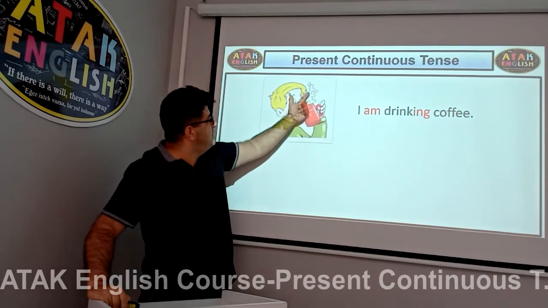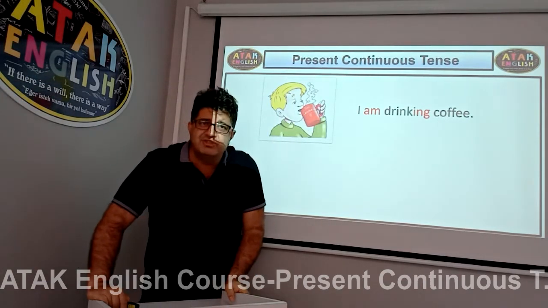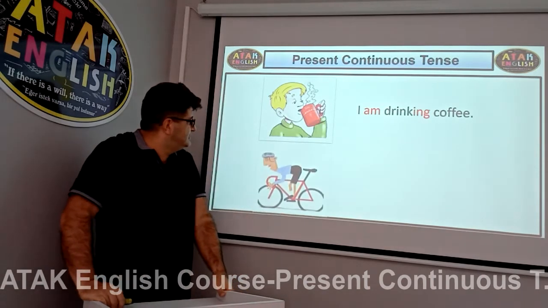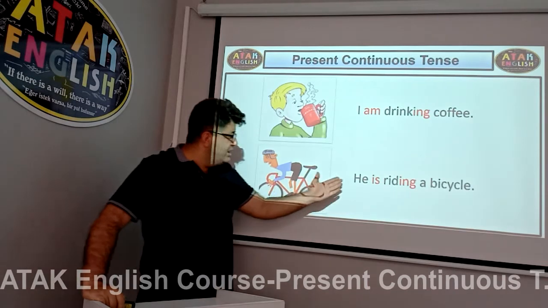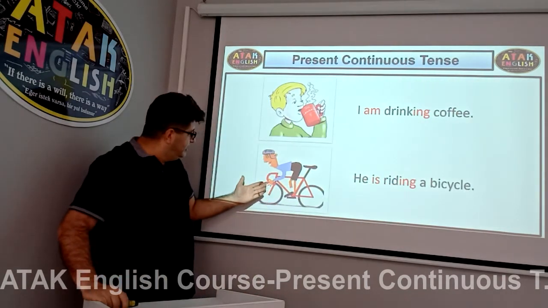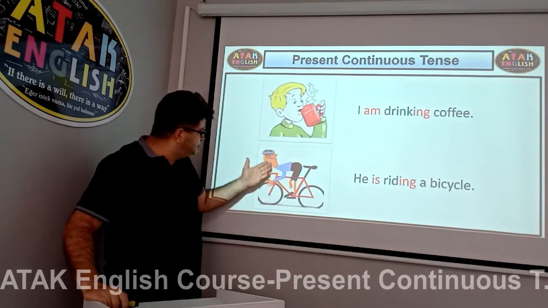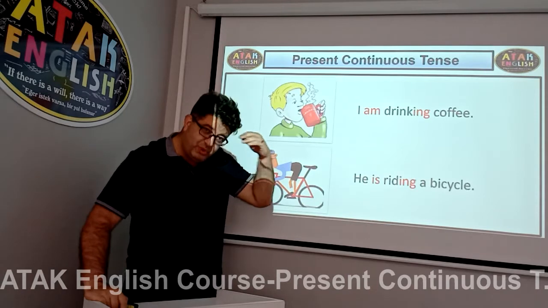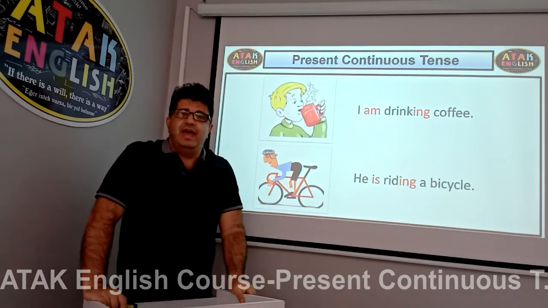Even the smoke of the coffee is coming out of the cup right now. Let's give another example. He's riding a bicycle. Okay? He is riding a bicycle. There you go. He's pedaling right now. Most probably he's getting sweaty. I can feel it. And that's the action happening right now.